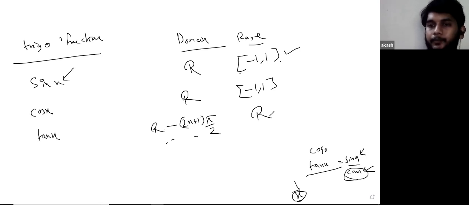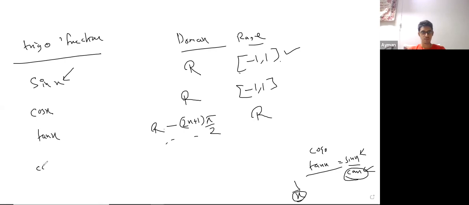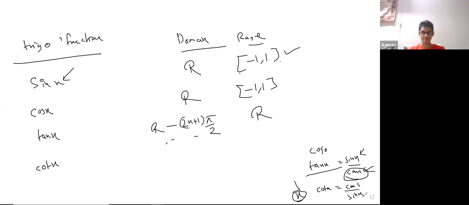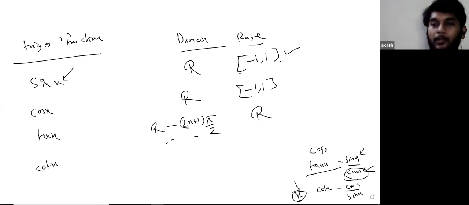And what about cot x? Let's think about cot x. Cot x is cos x upon sin x. So what do we have to do here? Sin x cannot be 0.